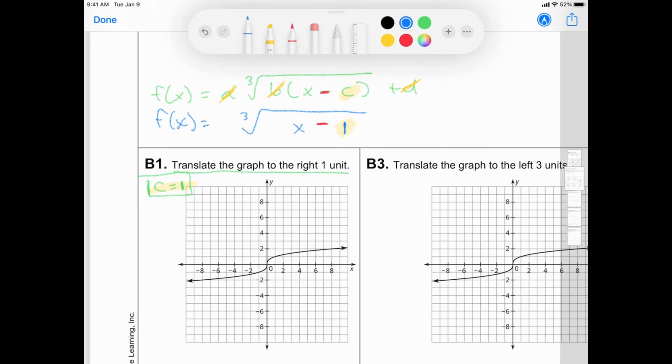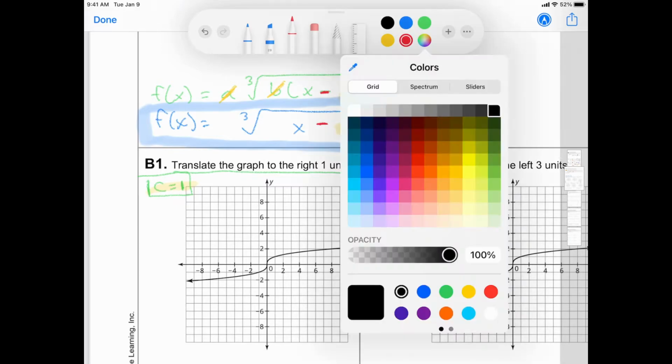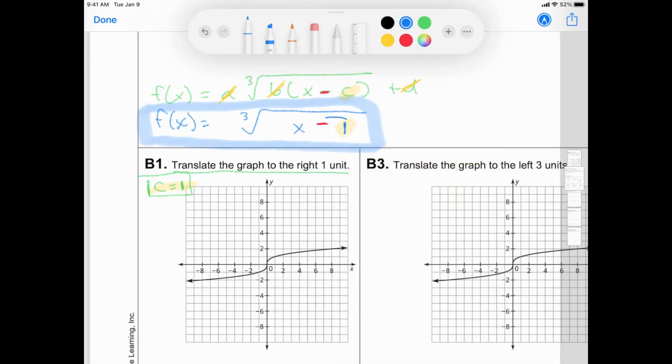Okay, so this is my answer. This is my equation. And again, I want to note that the difficult part for students on this one is that it's kind of opposite. It's a negative 1. So normally you think negative 1, you think you go to the left. But in this case, we're going to the right, and it's a positive value. Okay, so just write out the formula.